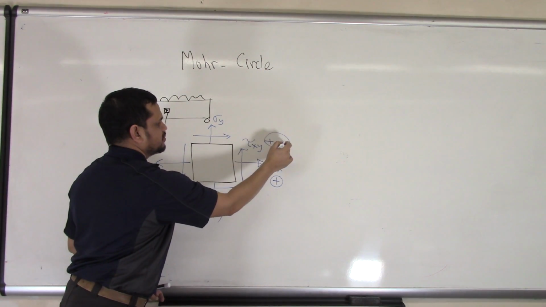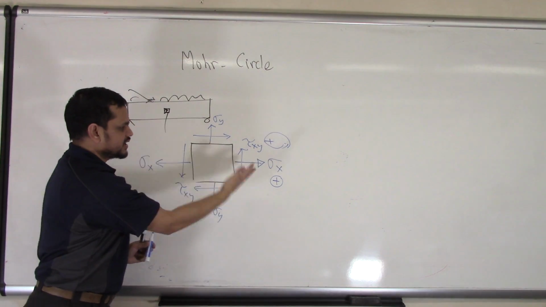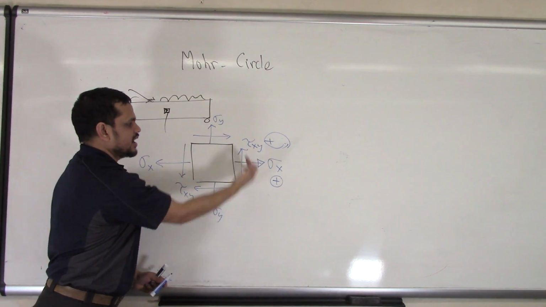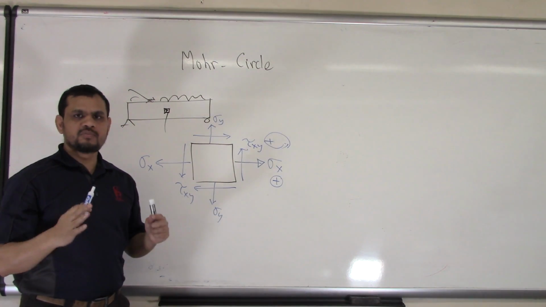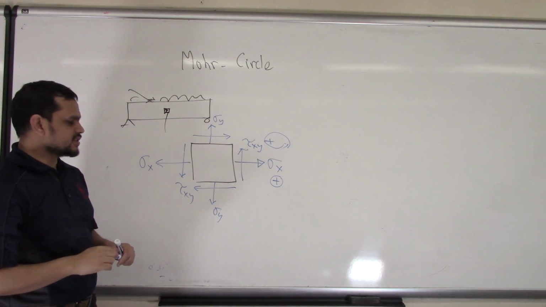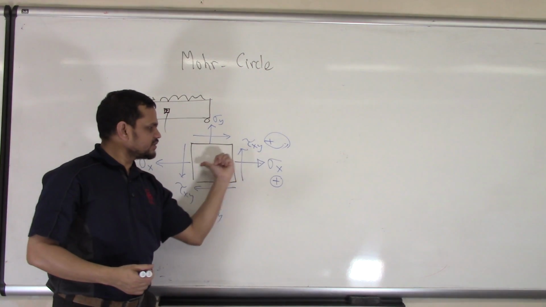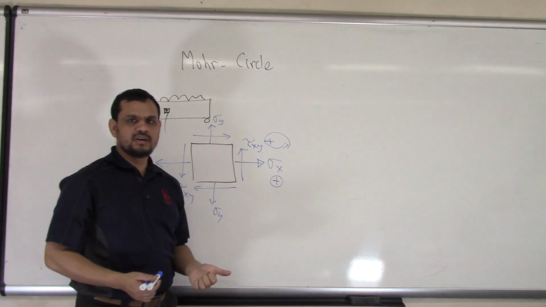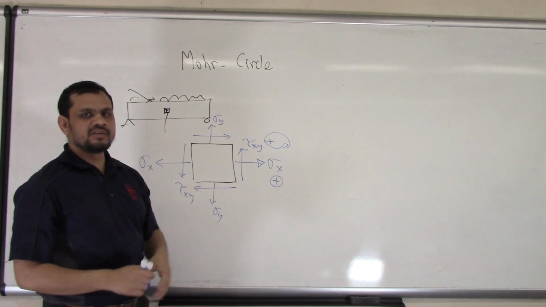Right vertical side, upward shear stress, we consider positive. So that is our sign convention. Now, if this stress is that way, that means negative. If this stress is downward, that means negative. So this is our sign convention.